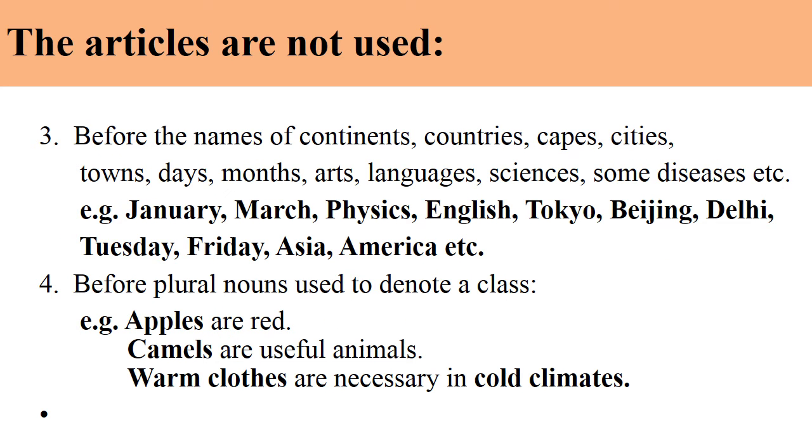The articles are also not used before the names of continents, countries, capes, cities, towns, days, months, arts, languages, sciences, some diseases, etc. Example, January, March, physics, English, Tokyo, Beijing, Delhi, Tuesday, Friday, Asia, America, etc. They are also not used before plural nouns used to denote a class.